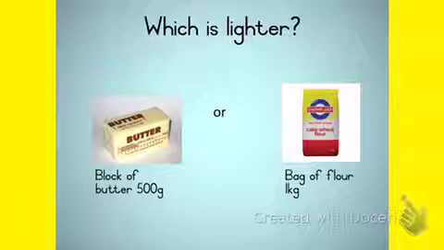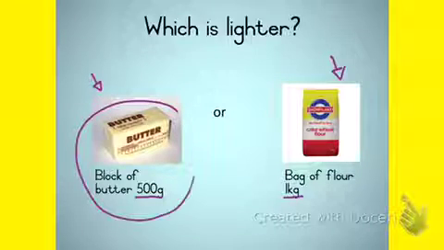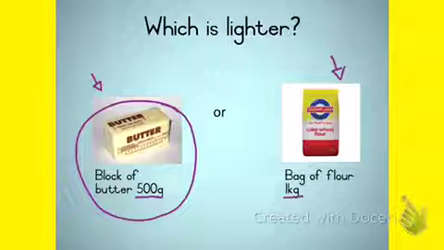So we have a block of butter which weighs 500 grams, or we have a bag of flour which weighs 1 kilogram. So already we must know which is going to be lighter, the one in grams, because 1 kilogram is more than 500 grams. Okay, so the butter would be lighter.